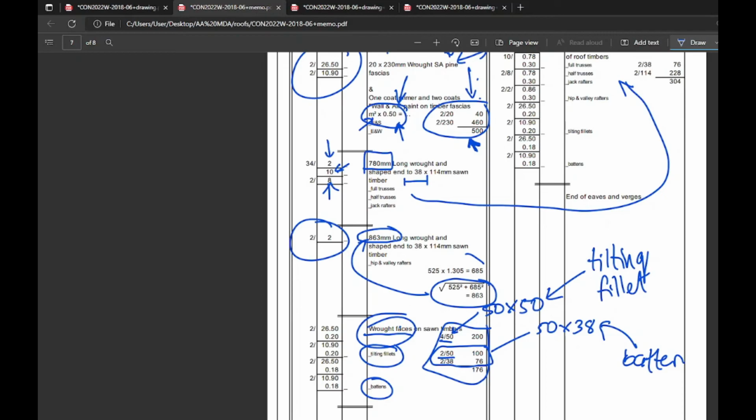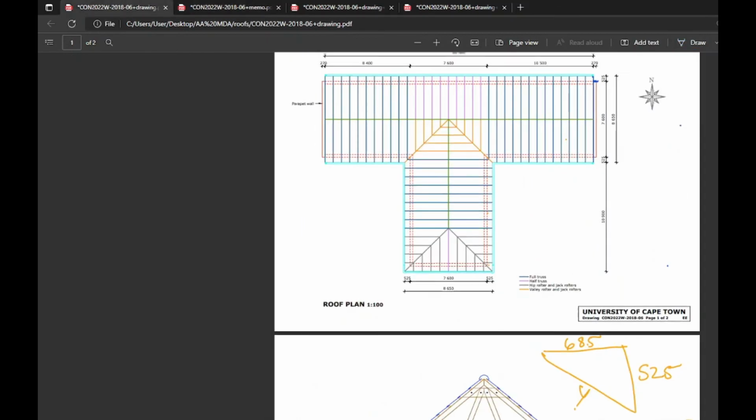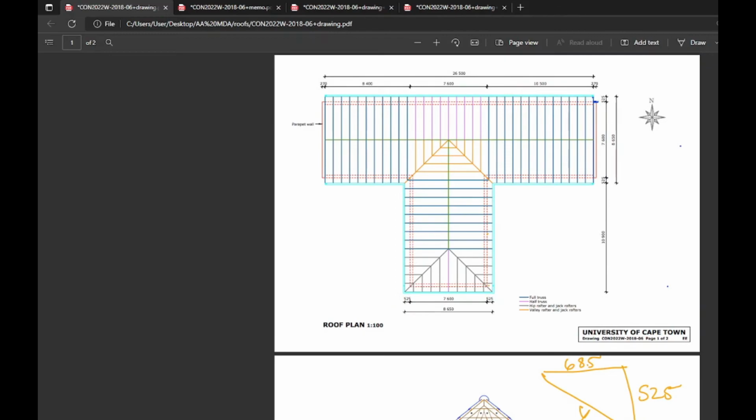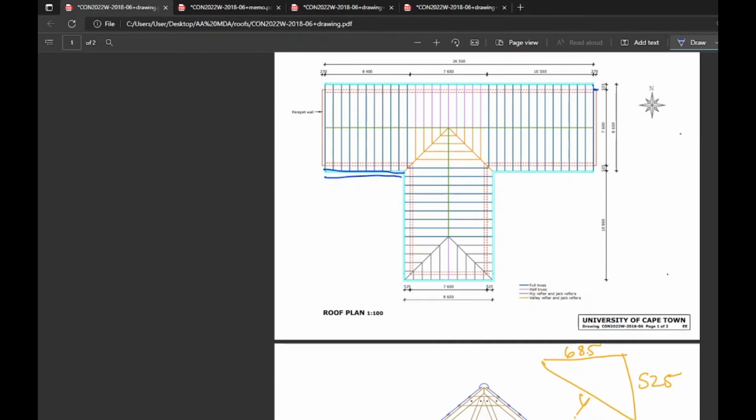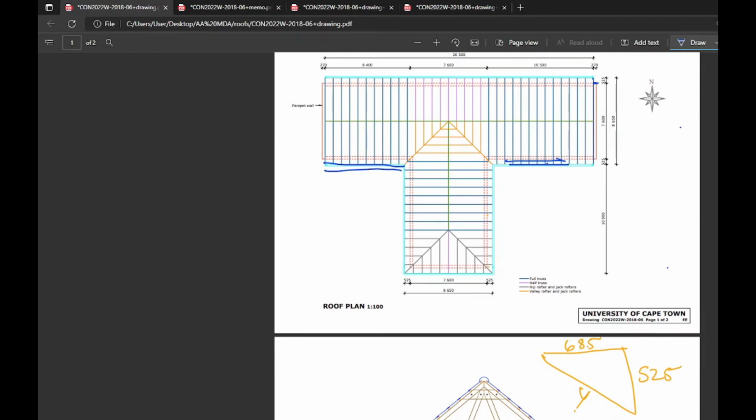Okay. Tilting because it's taller. Great. Okay, now you take these perimeters, you apply them here, and you'd say, the first thing, well, why 2? What is it? Tilting fillet on the end and a batten. I said, how must I know that there's a tilting fillet and a batten that fits just in there?